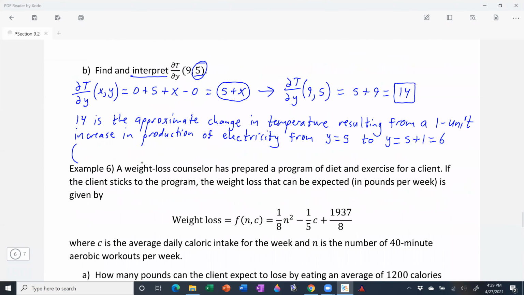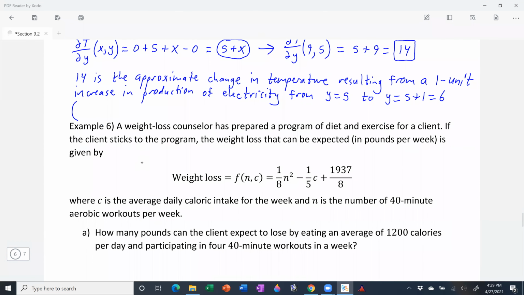So I want to put that in parentheses as well. From Y equals 5 to Y equals 6, so that's from 500 to 600 megawatts.